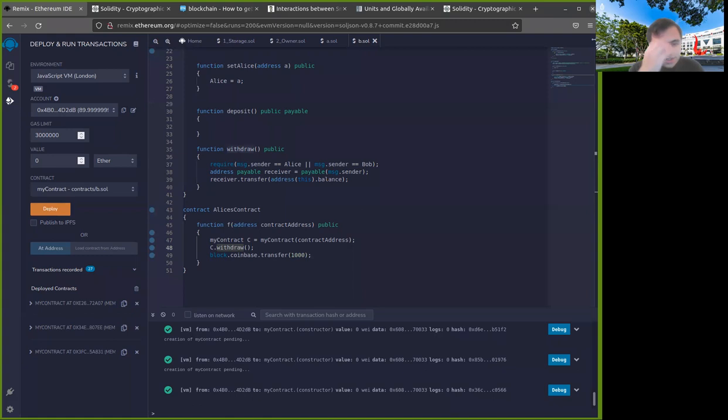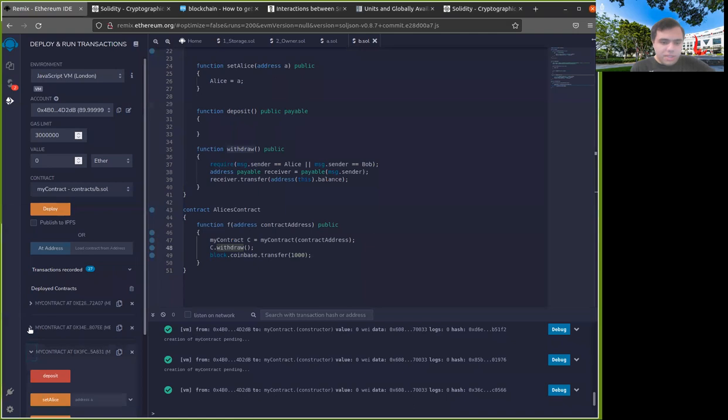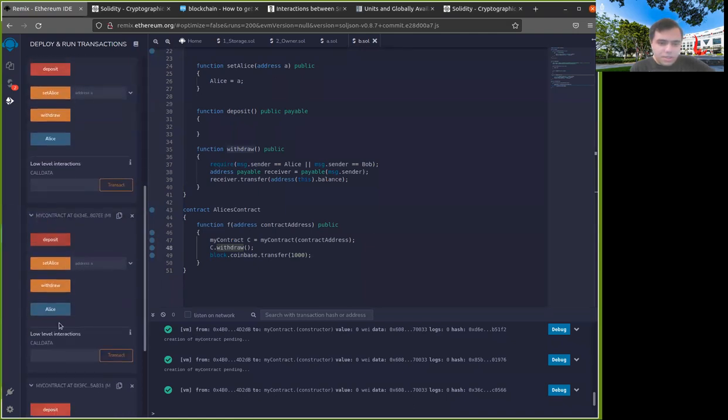So another question here is, when you create a new instance of the my contract class, that instance doesn't inherit initial coins, right? Yes. So each instance is its own account on the blockchain. So each one of these instances has its own balance, and the coins between them will not be the same.